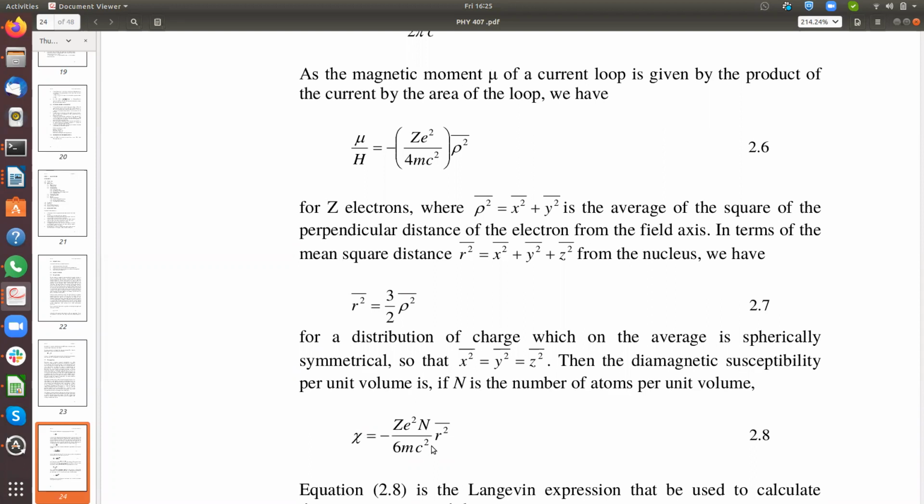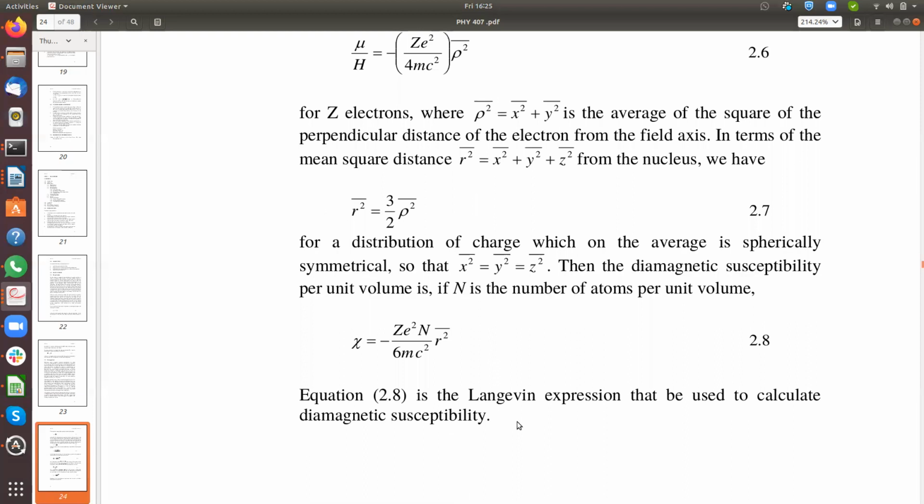Then the magnetic susceptibility per unit volume, if N is the number of atoms per unit volume. So you now have this: Z, the charge, the number of atoms per unit volume, then the distribution distance over the mass and the speed of light. This gives you a different concept for diamagnetic susceptibility.